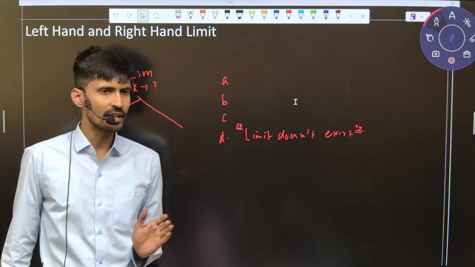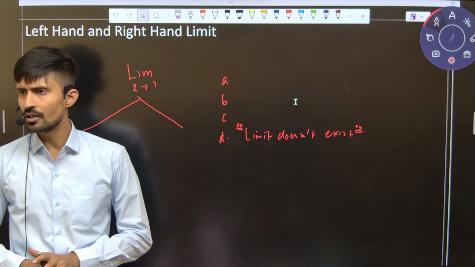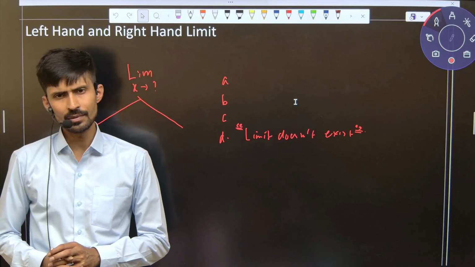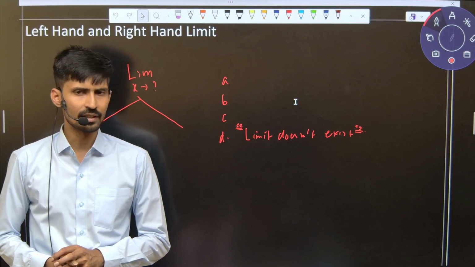If limit does not exist is there as an option, then we'll find left hand limit, right hand limit, else there is no need to find left hand limit and right hand limit simply.